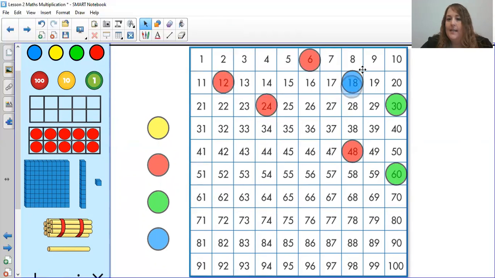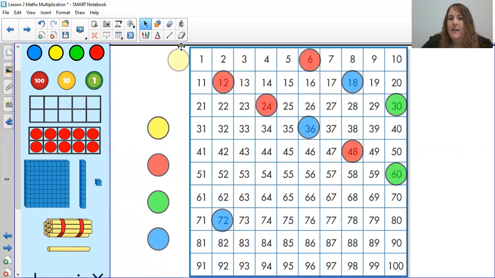So if I double 18, I double my 8 to get to 16, and I double my 10, adding my 1. Showing it this way, you can kind of see a pattern emerging when you can see down some of these diagonals. And then if you remember, we did 12 times 6, so we doubled that. And this one came down to 72.